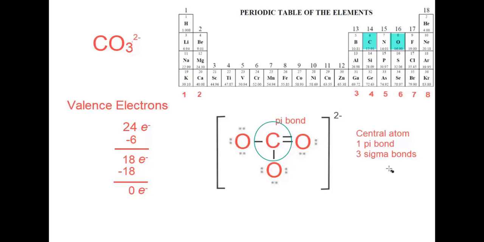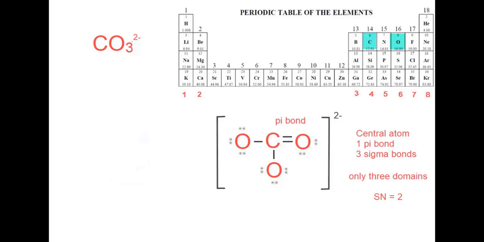Now, there's something extra you have to know about this. There's our pi bond. I'm explaining it again. When we do our count for domains, our steric number, this is wrong. Here is an X. That's wrong.